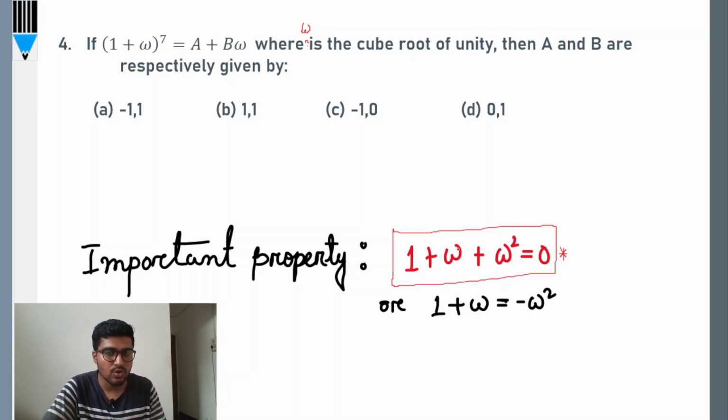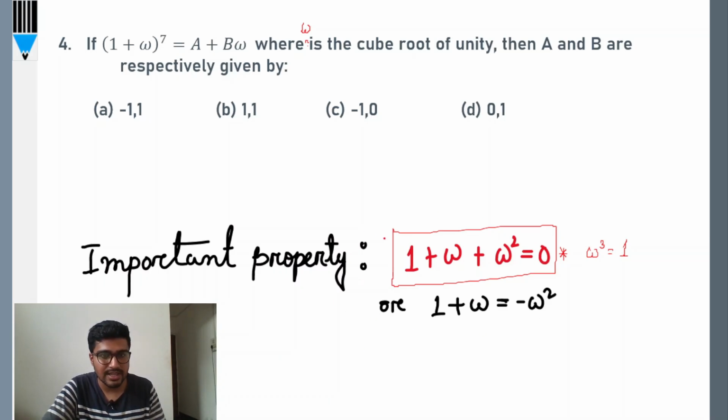Omega cube equals 1, that means omega is the cube root of 1. From here we can also write 1 plus omega equals minus omega square.